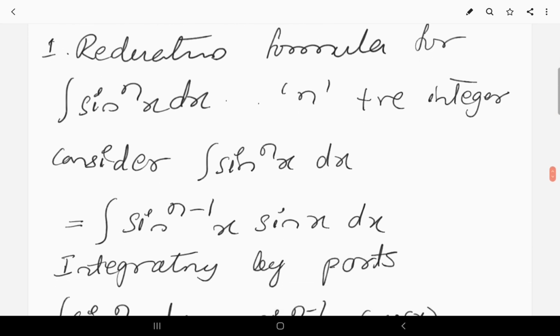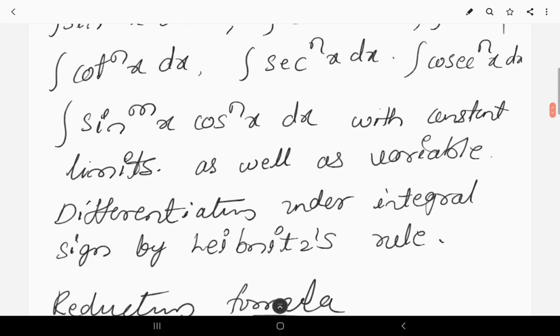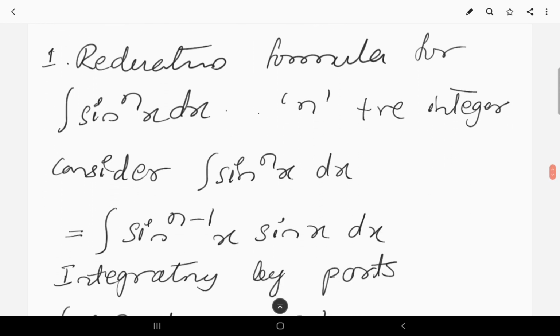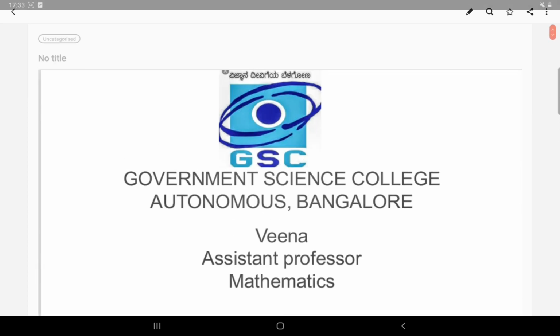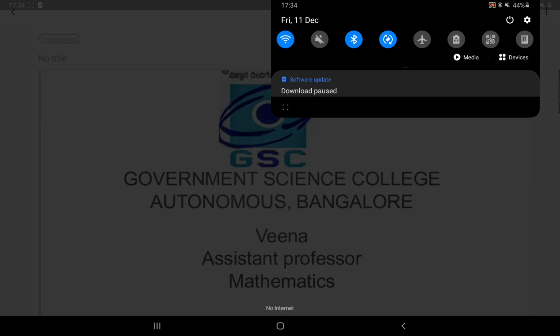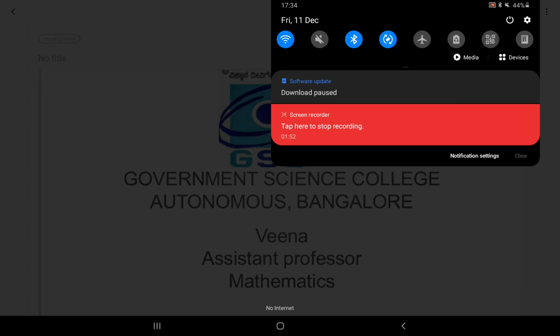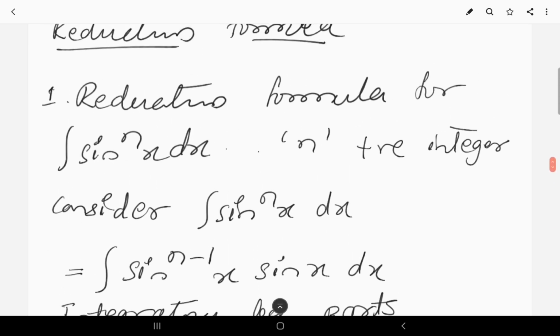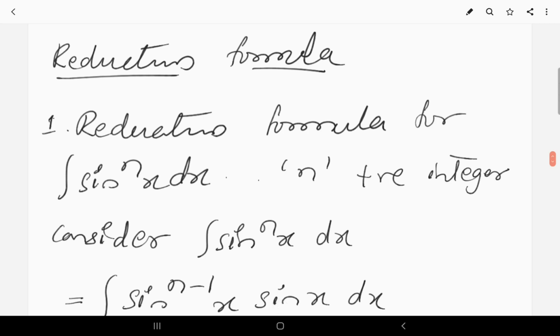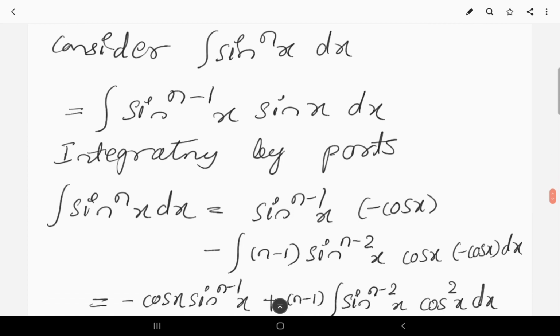Now consider integration of sin raised to n x dx.